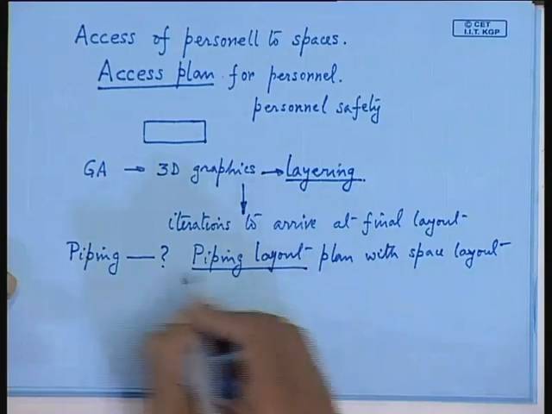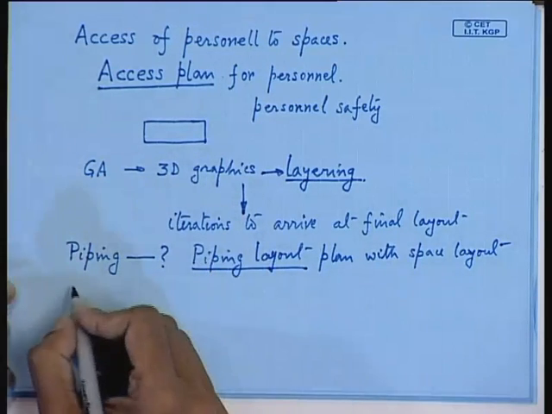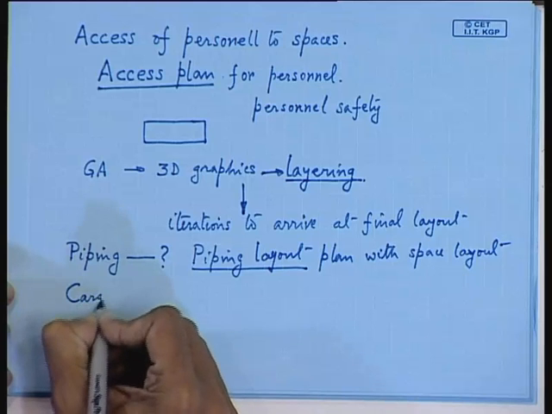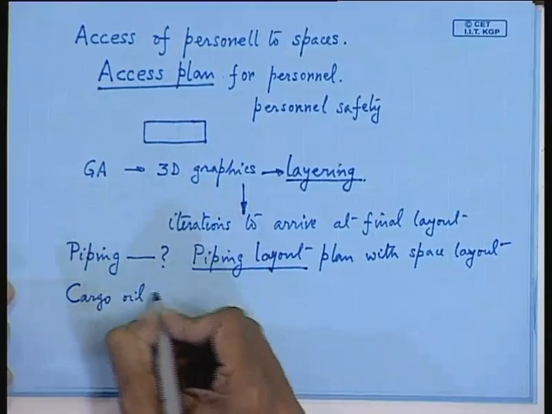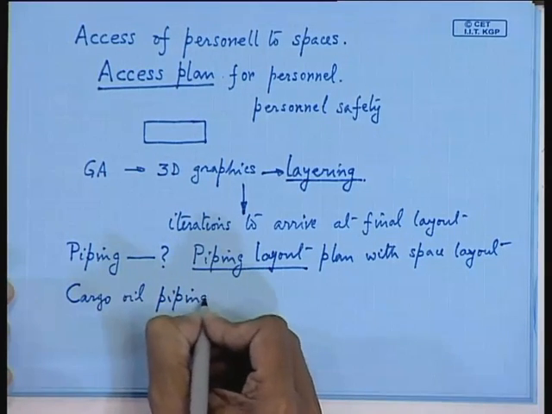Now, piping is very important. You have first the internal piping, and then for all these platforms you have what is called cargo oil piping, or sometimes oil piping. These are actually different from your internal piping.